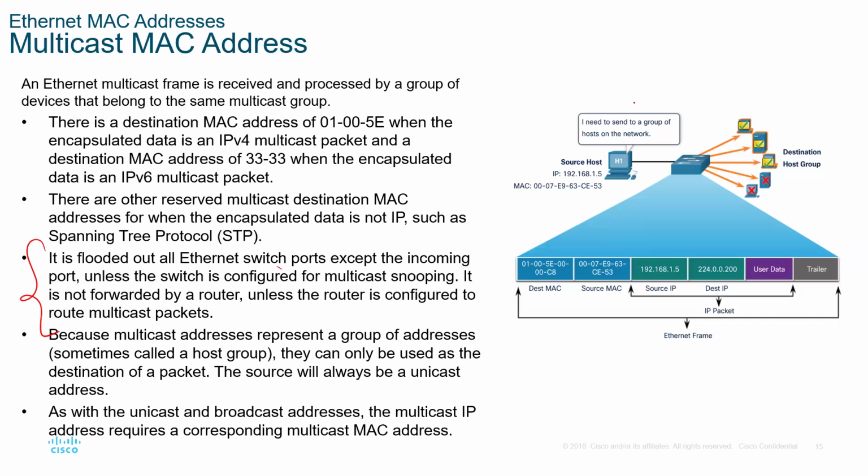Let's say our MAC address table has all these addresses. If I want to send a unicast to this device, it will go to that device, if the address is in the MAC address table. No problem, we get that.